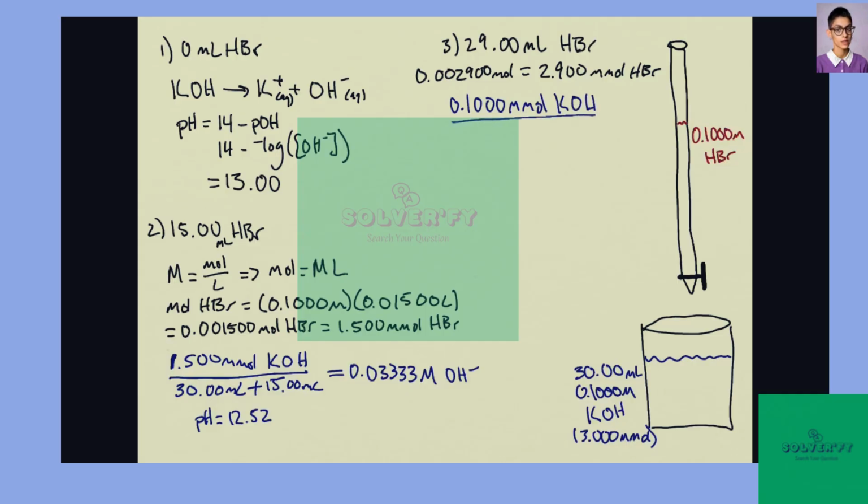This is in the solution of the 30 milliliters of KOH plus the 29 milliliters of HBr, which gives us a molarity of 0.01695. From this we can solve for the pH, just like in the first and second parts, and we get 11.23.